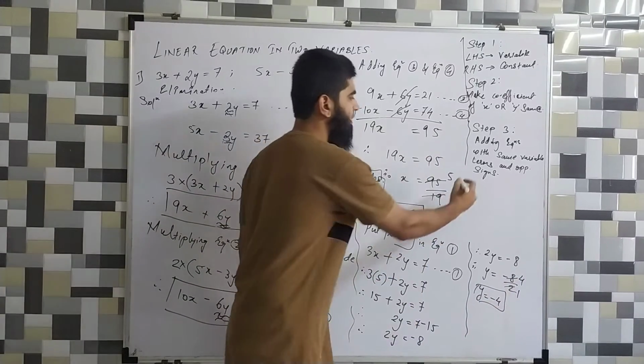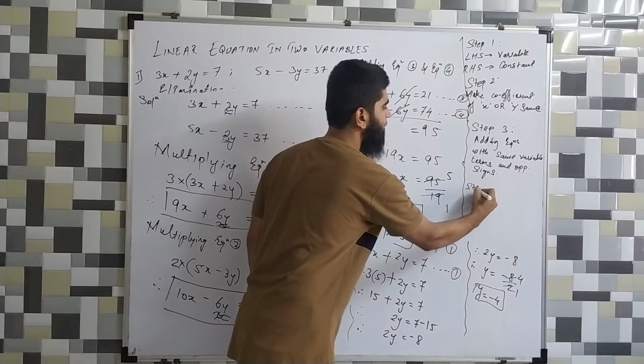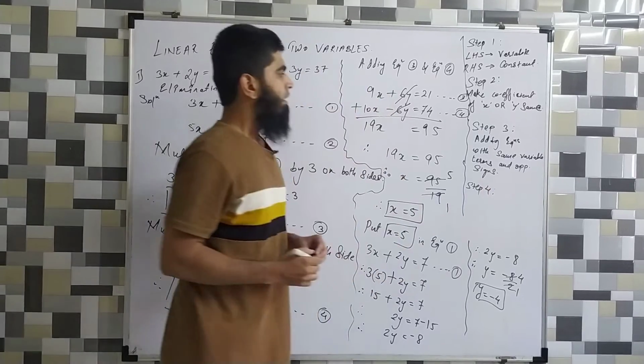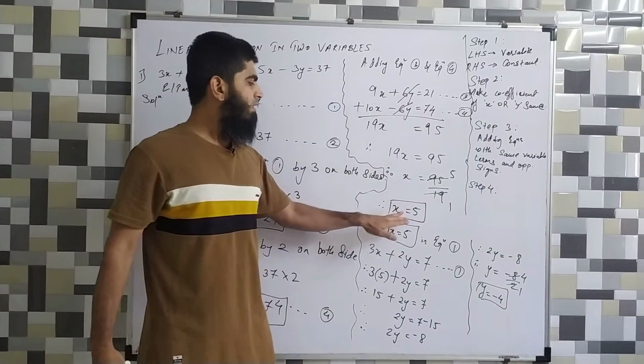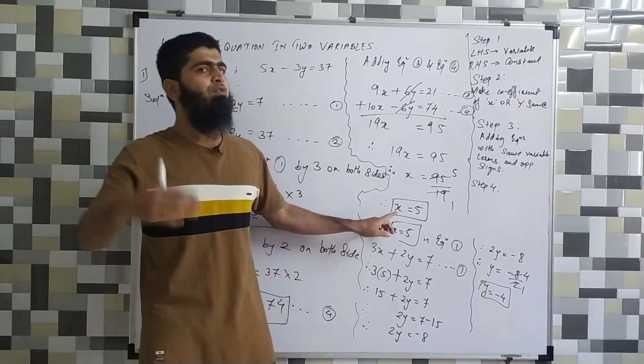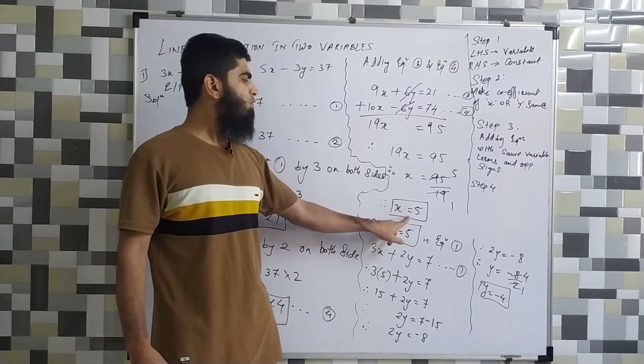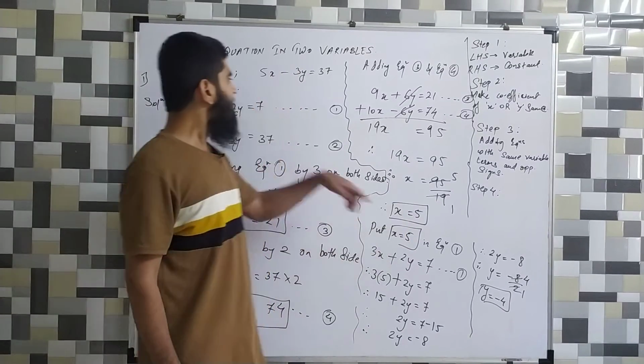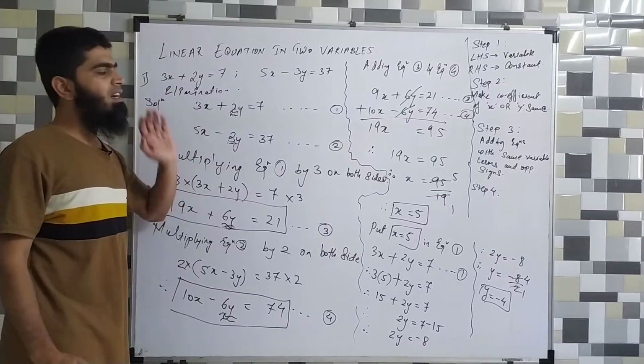So what was the fourth step? What was the fourth step, dear student? Once we got the term x by eliminating the variable y, the fourth step was to substitute the value of x in any of the convenient equation.